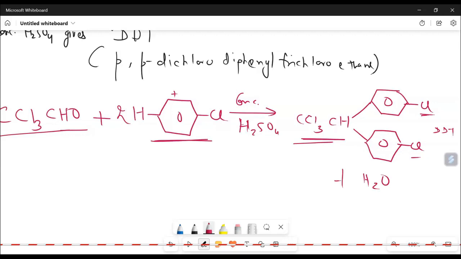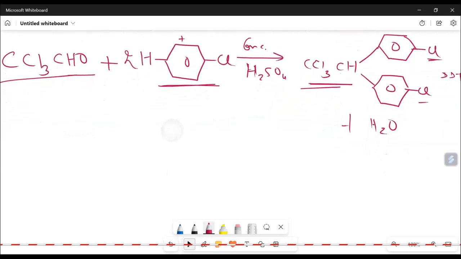p,p'-dichlorodiphenyltrichloroethane. And this is a very important reaction.